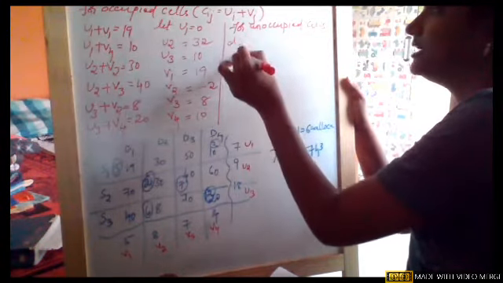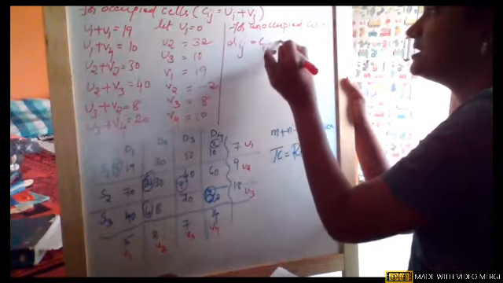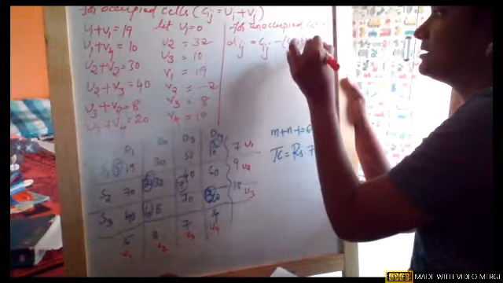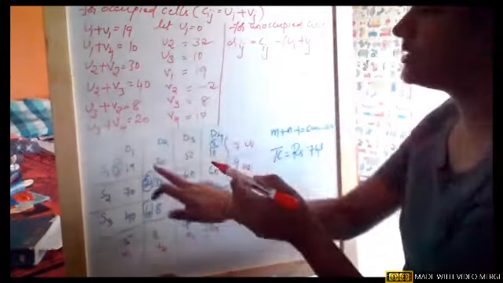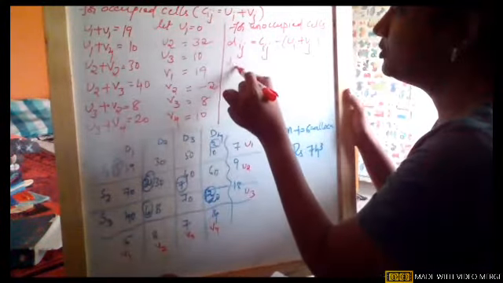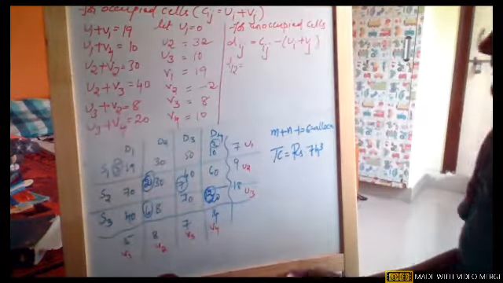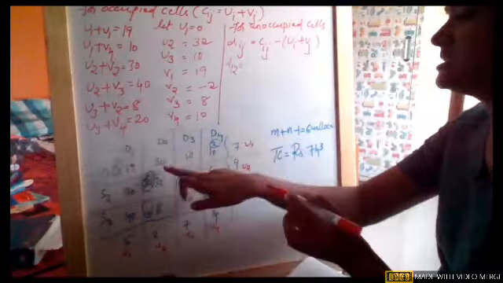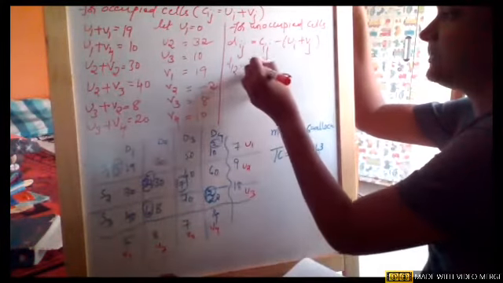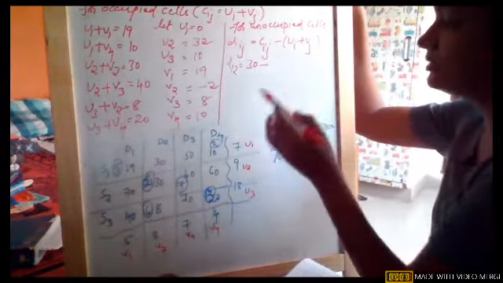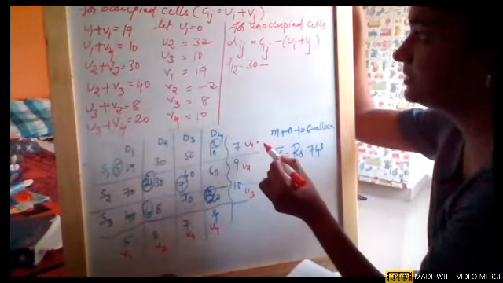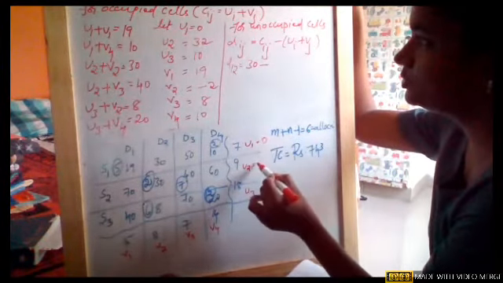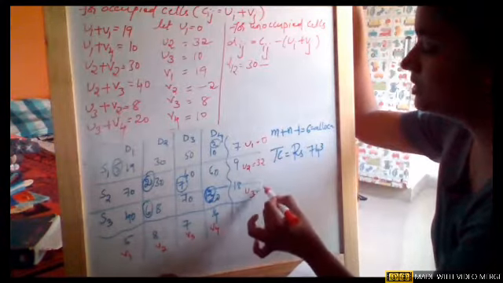Now for unoccupied cells, you need to find Dij, which is equal to Cij minus (Ui plus Vj). The first unoccupied cell is D12. Girls, I'm doing it directly; if you have any doubt later, you ask me. I'll write the values here for our understanding: U2 is 32, U3 is 10.